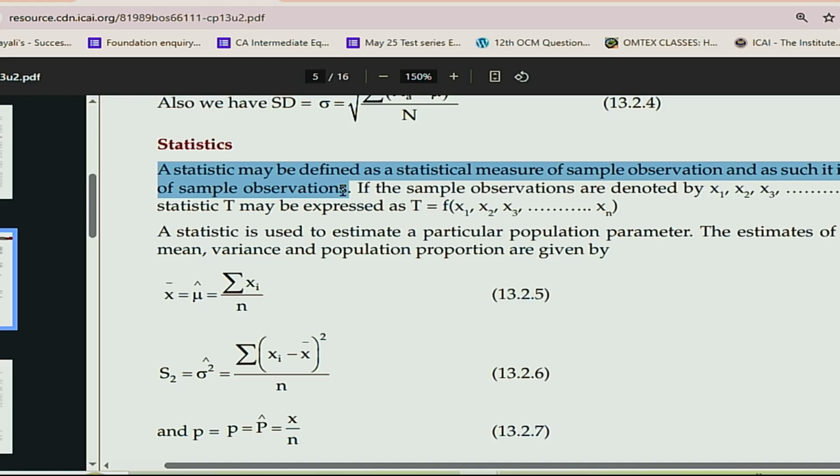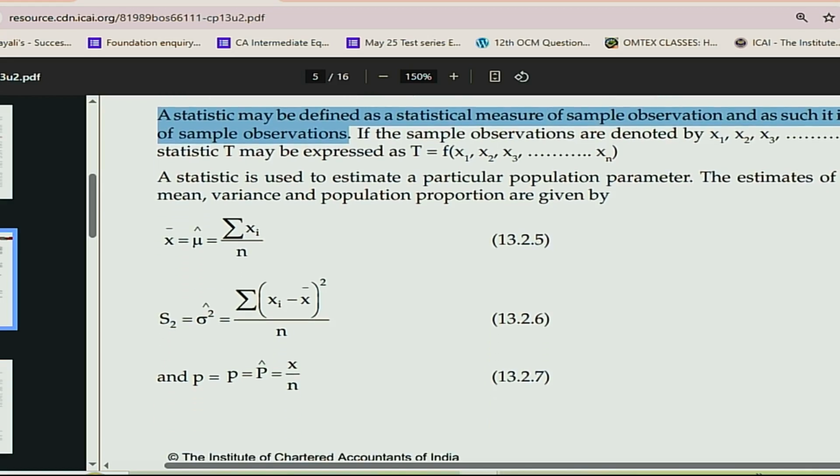Is it done? So x bar is nothing but an average. Okay, x bar is equal to summation of xi upon n. Write down x bar, that is mean. This is the sample mean, which is summation of xi upon small n.